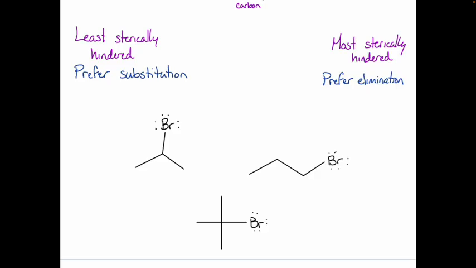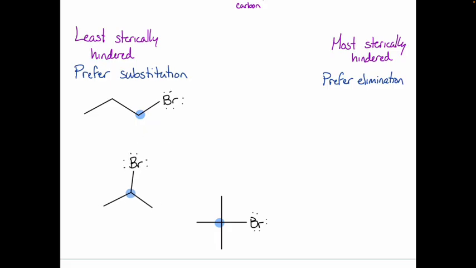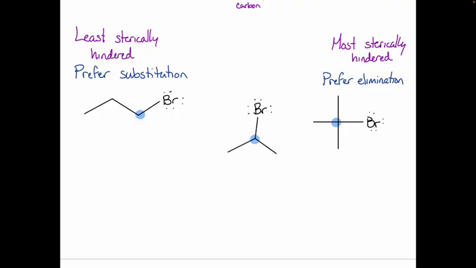Again, I'm talking about that electrophilic carbon, the one that is bonded to that halogen atom, and the accessibility of that carbon. What's going to be my least sterically hindered? Primary, secondary, tertiary? The primary is going to be my least sterically hindered. And what's my most? Tertiary. And our secondary are kind of sitting in the middle here.